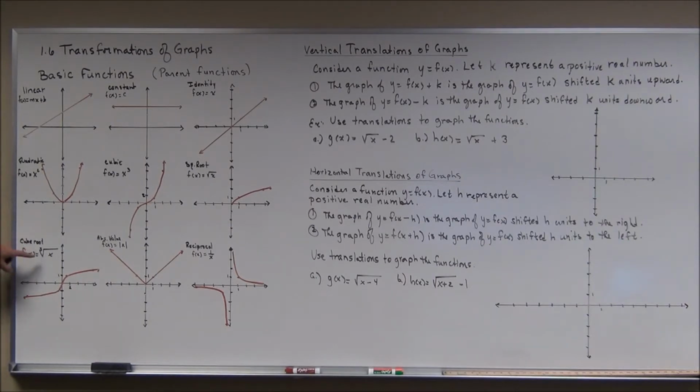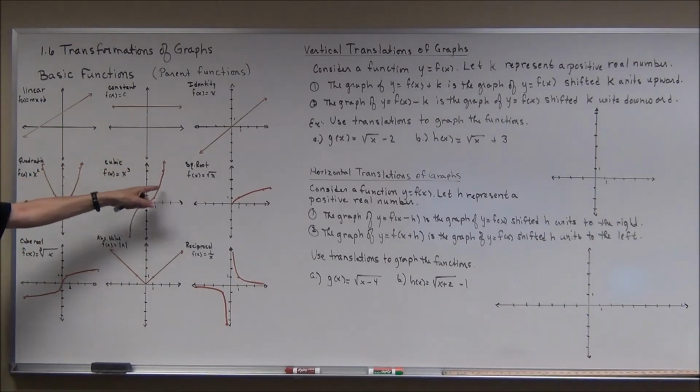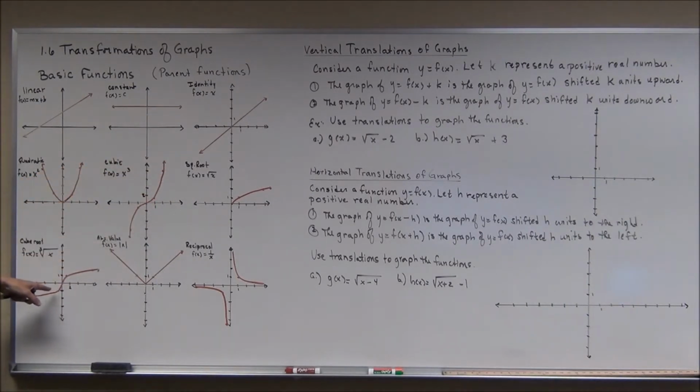Then you've got the cube root function. Because it's an odd index, you can plug in positive numbers or negative numbers. And again, I changed the scale a little bit there to accommodate a couple of extra points so that you can get the basic idea of the curve. You can kind of see this curve reflected in the identity line to give you this one.